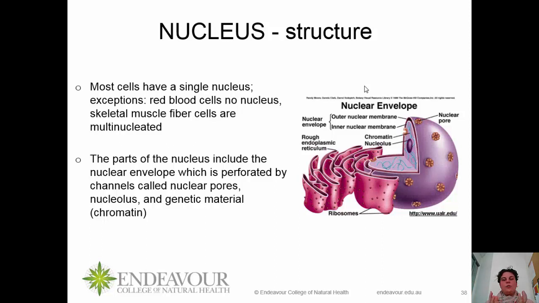So I want you to imagine this ball that has a lot of stringy stuff inside and has holes on the outside. It's perforated, it has these pores that go inside the nucleus. This is the communication point between the nucleus and the cytosol, and we will come back to the nuclear pore when we talk about the function of the nucleus in the next session.